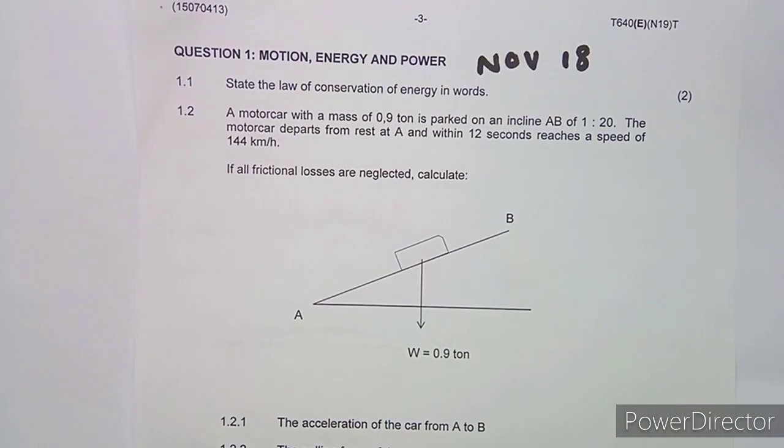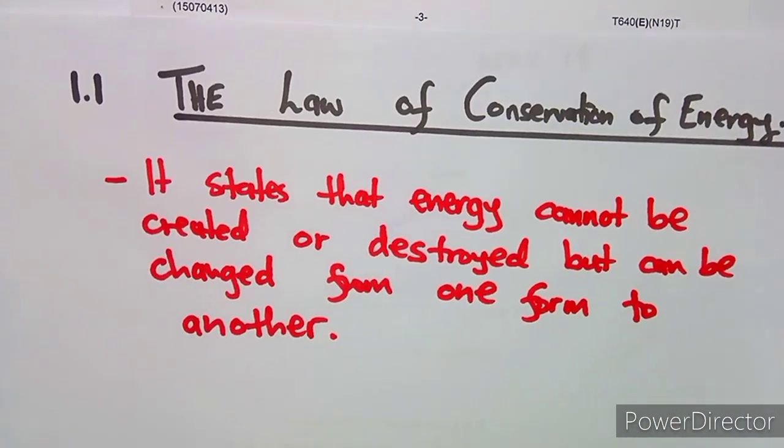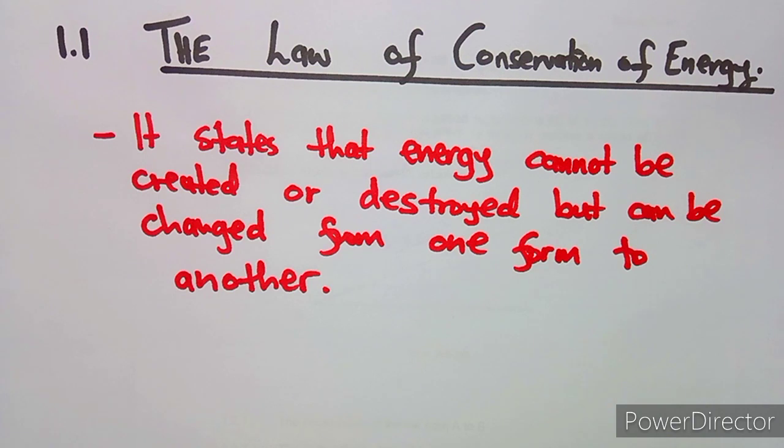All right, so the first question is to state the law of conservation of energy in words. Remember, it's all about the energy, that it cannot be created or destroyed. But as we know, energy can be converted from one form to another, that is either potential energy to kinetic energy.